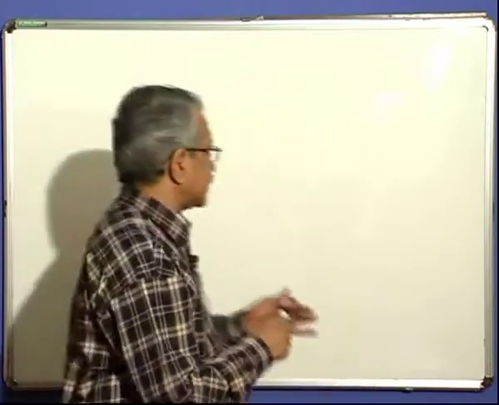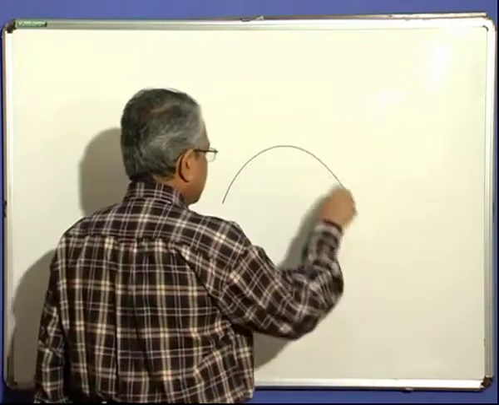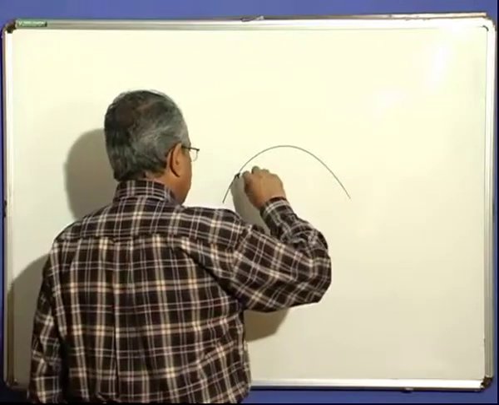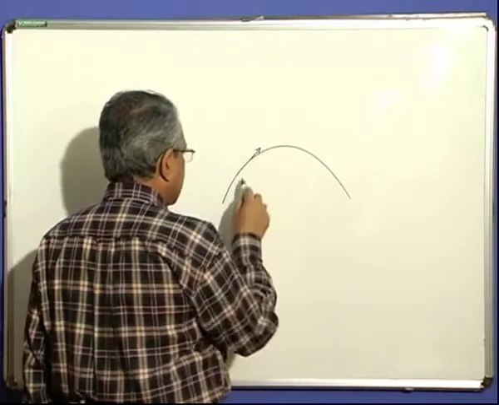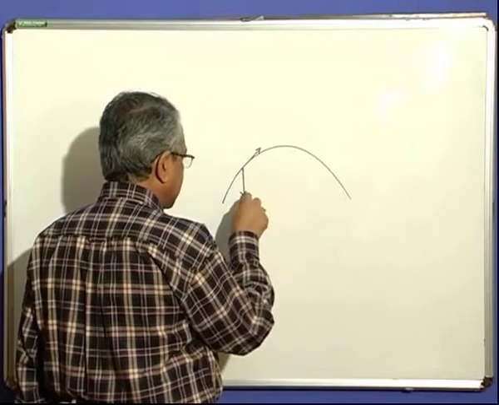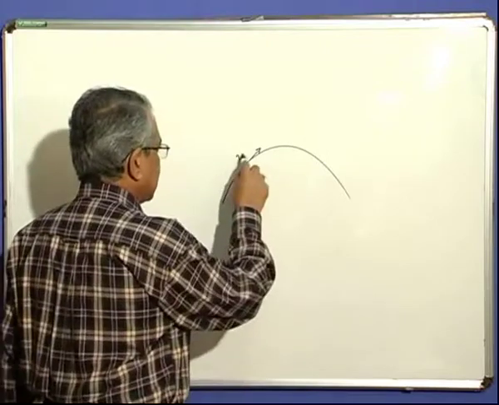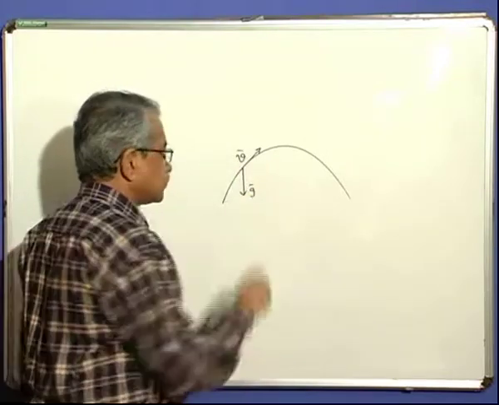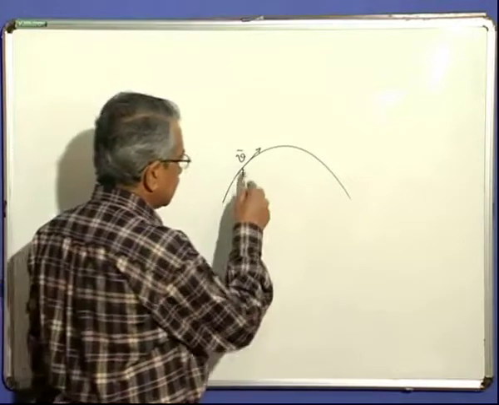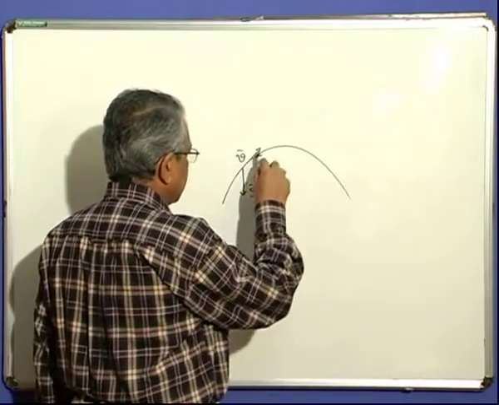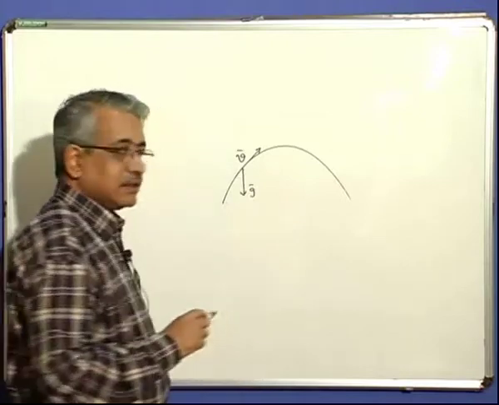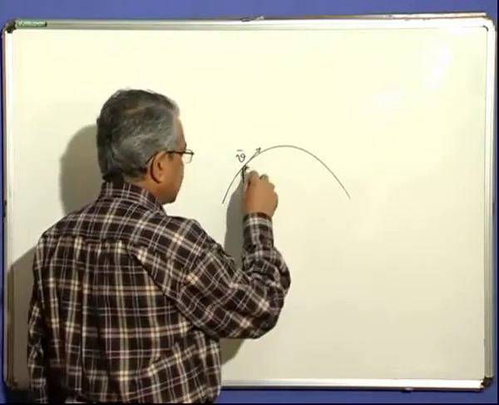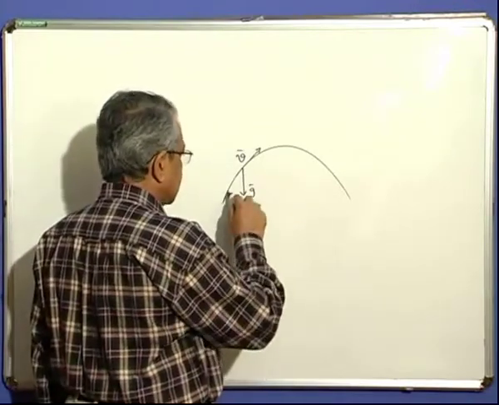If we take a parabolic path, the velocity is always along the tangent, and acceleration due to gravity is always downward. That is velocity, this is acceleration. When there is an obtuse angle between velocity and acceleration, the velocity goes on decreasing.